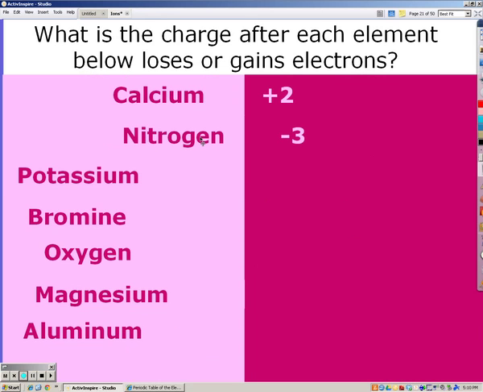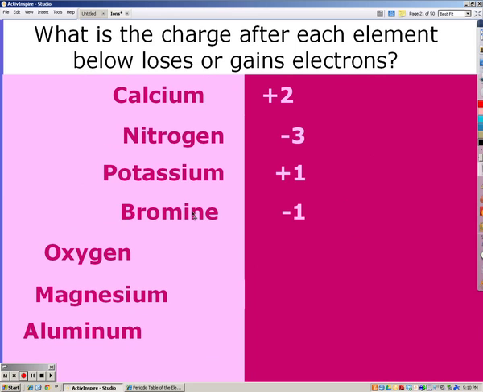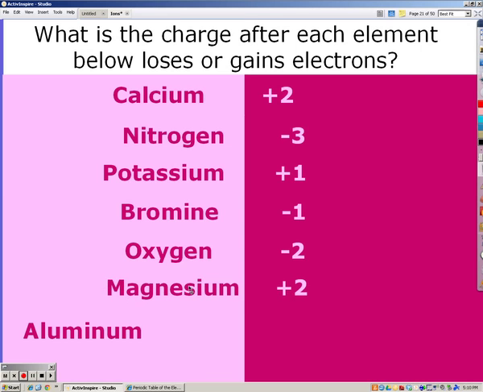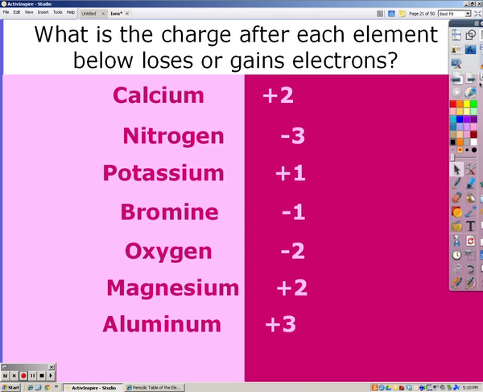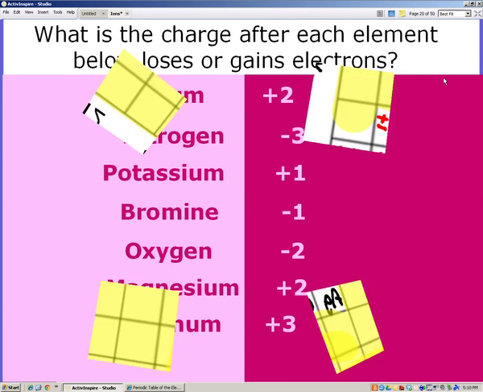So nitrogen was a -3, potassium a +1, bromine a -1, oxygen a -2, magnesium a +2, aluminum a +3, and cadmium, you should have got a +2.